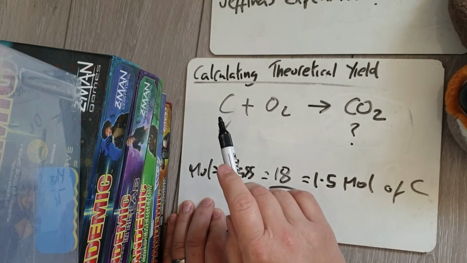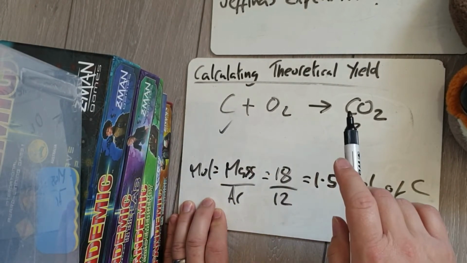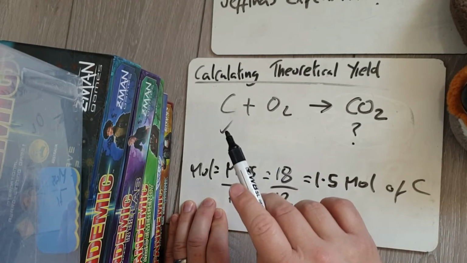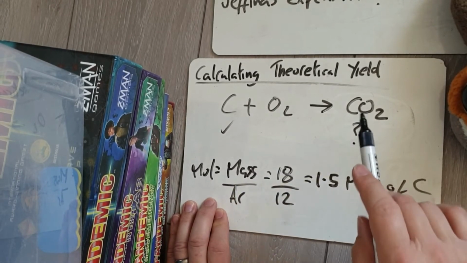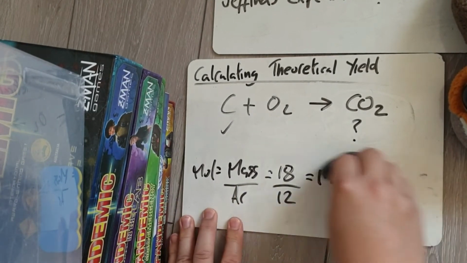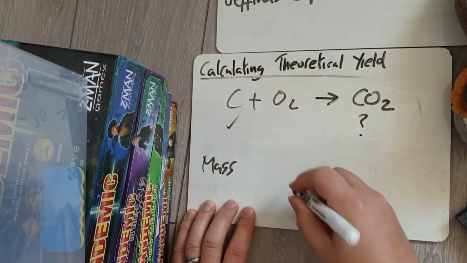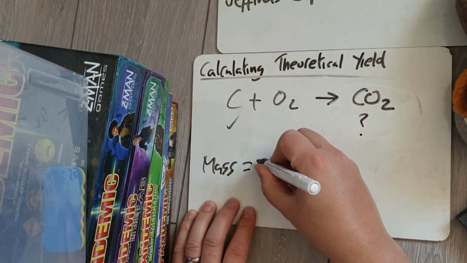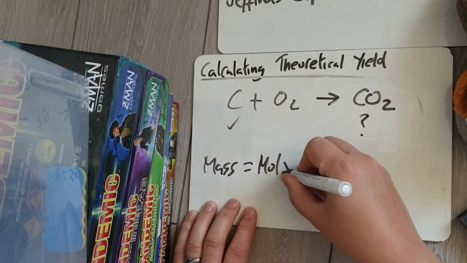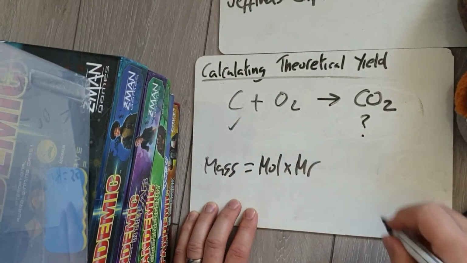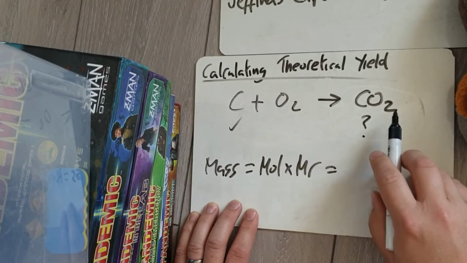The ratio is 1 to 1. So if we put 1.5 moles of carbon in, we should get 1.5 moles of carbon dioxide out. We need to know the mass, not the moles. So we have mass equals moles times Mr. How many moles have we got?